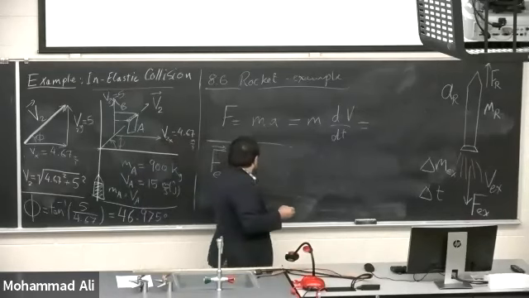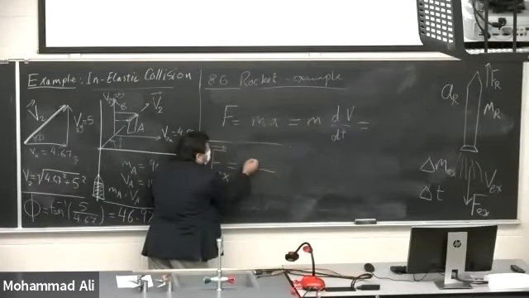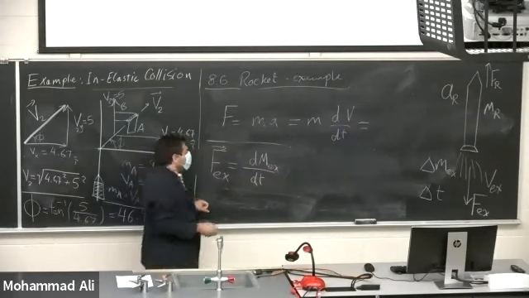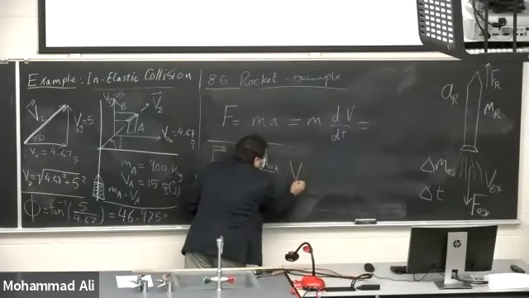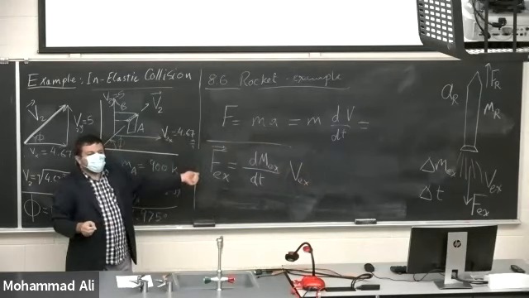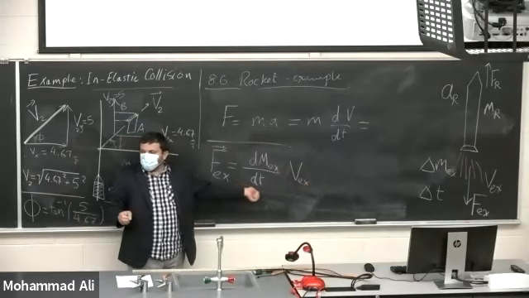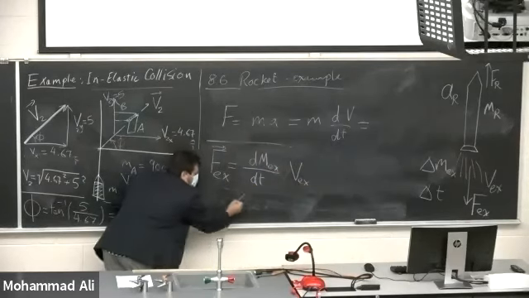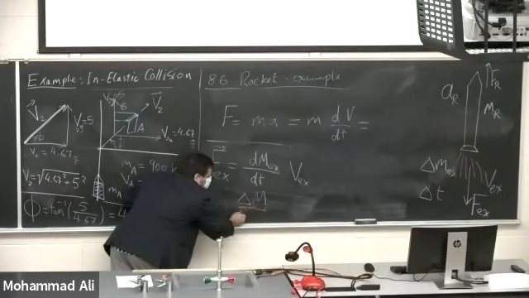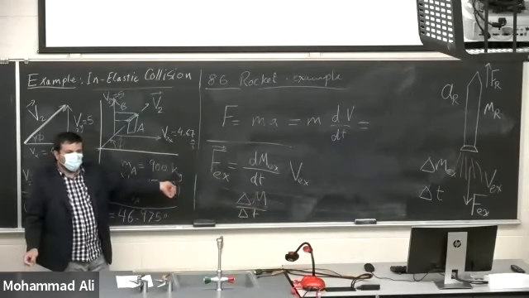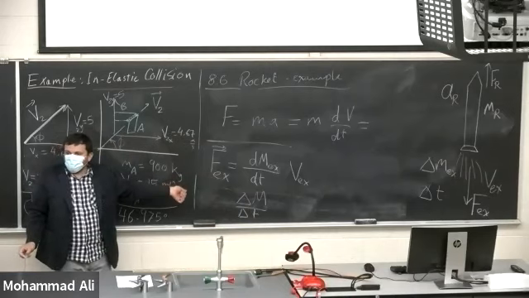So it will be the same thing: dm exhausted by dt multiplied by its velocity. This is for a time dt. Maybe you can write it also if you like, it is delta m over delta t. But when delta t goes to 0, it will be dt. Okay, any question about that?